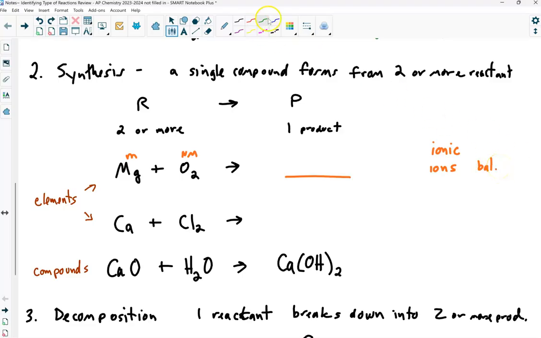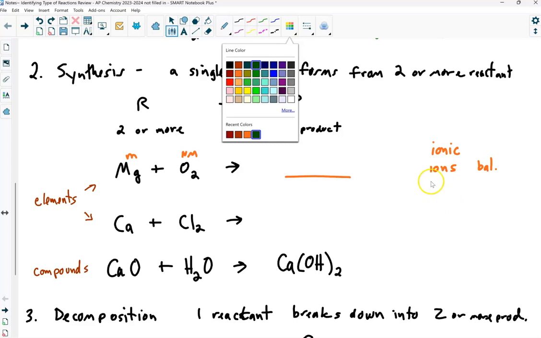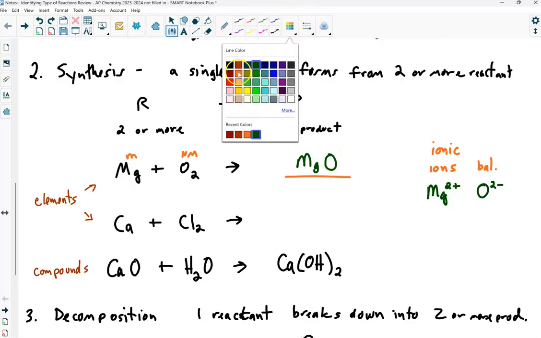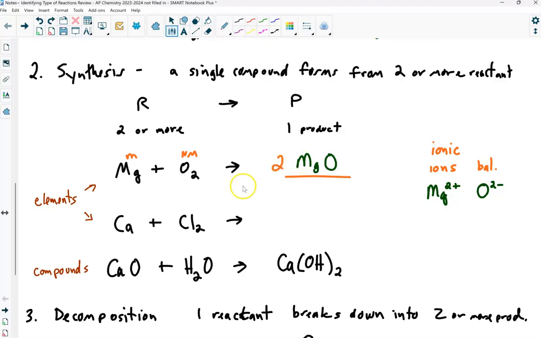So what are the 2 ions here? Well, magnesium is in group 2, so it's a 2+. Oxygen is in group 16. It would make a 2- ion. And to balance those charges, 1 magnesium would bond to 1 oxygen. So that would be your product. Then we would balance it, and to balance it, you just need to do that.